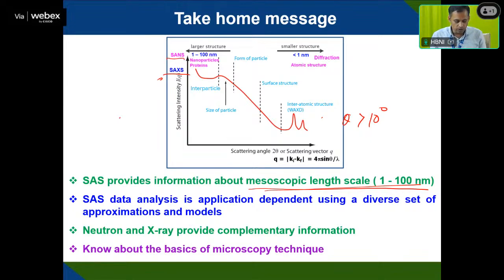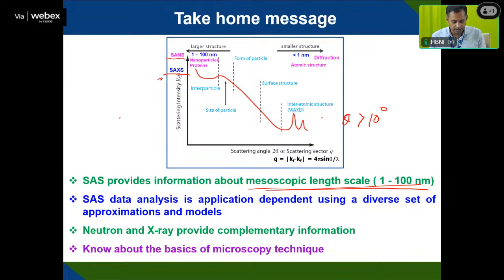X-ray and neutron are complementary to each other. Because of that, you will get better information, like core-shell structure, where X-ray can give the core morphology, the bone structure you can say, and neutron can give the leaf structure, the outside tissue structure. So the whole structure you can find out using these.